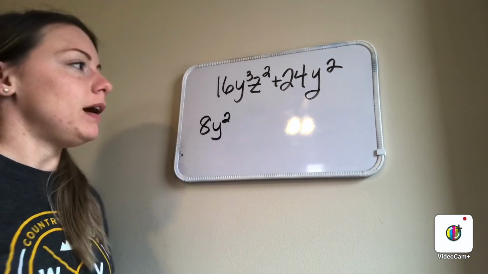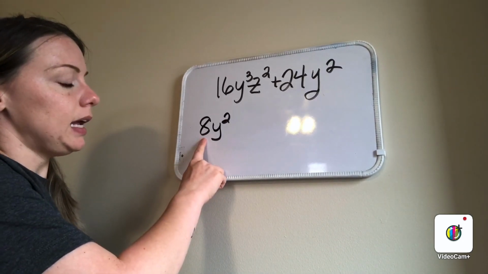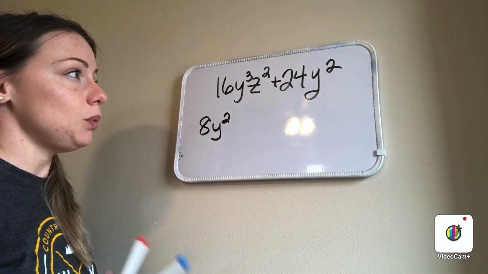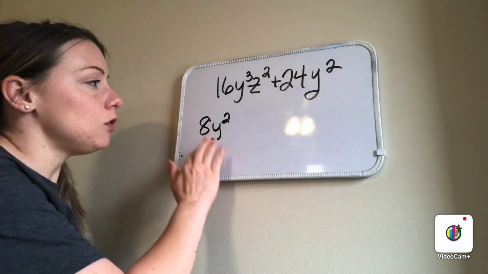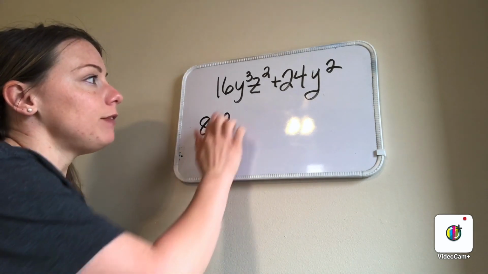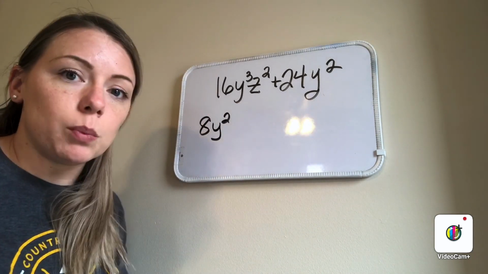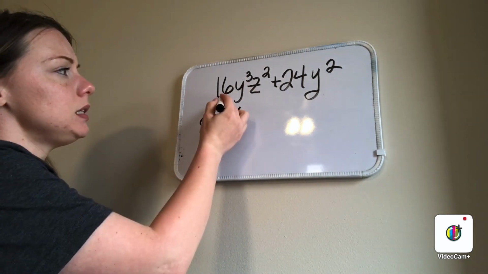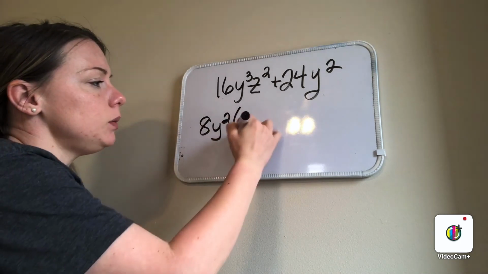All right, my step 1 is the 8. In step 2, I factored out the variable. My step 3 is to actually factor this GCF out of the entire polynomial, so we'll be doing our division. 16 divided by 8 would be 2.